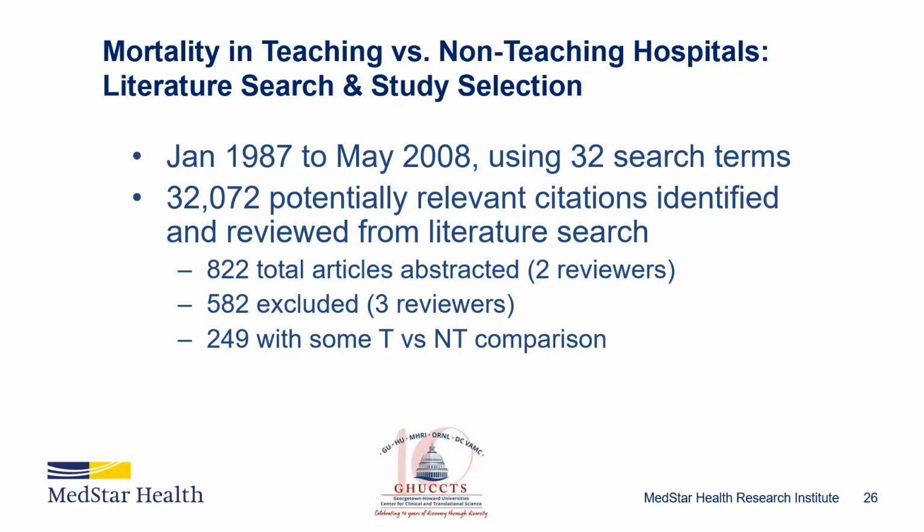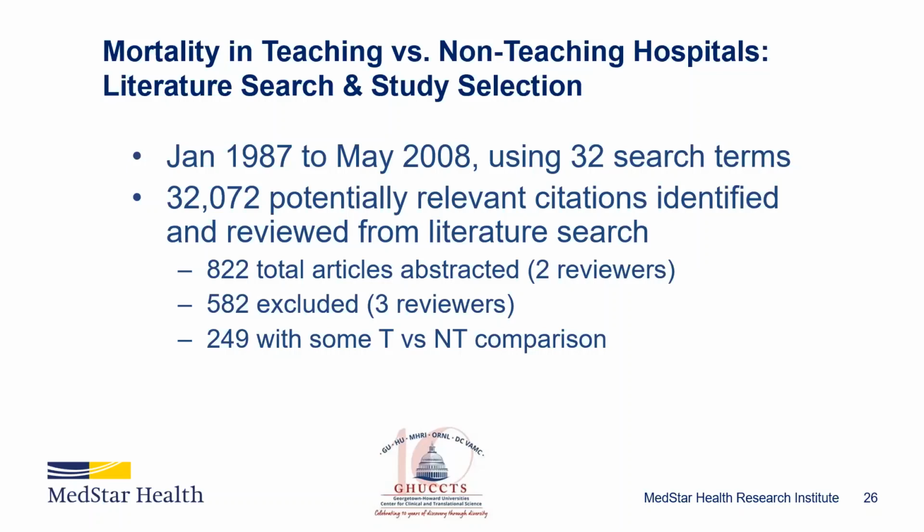So we had two reviewers that went through the 32,000, and they came up with 822 articles. And then they went through it again, this time with 3 reviewers, and another 582 were excluded.